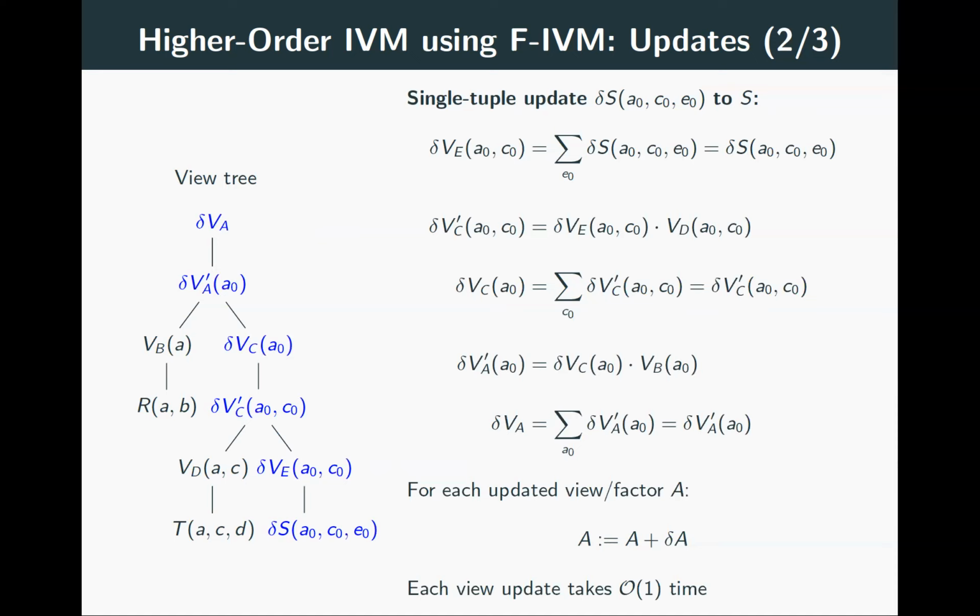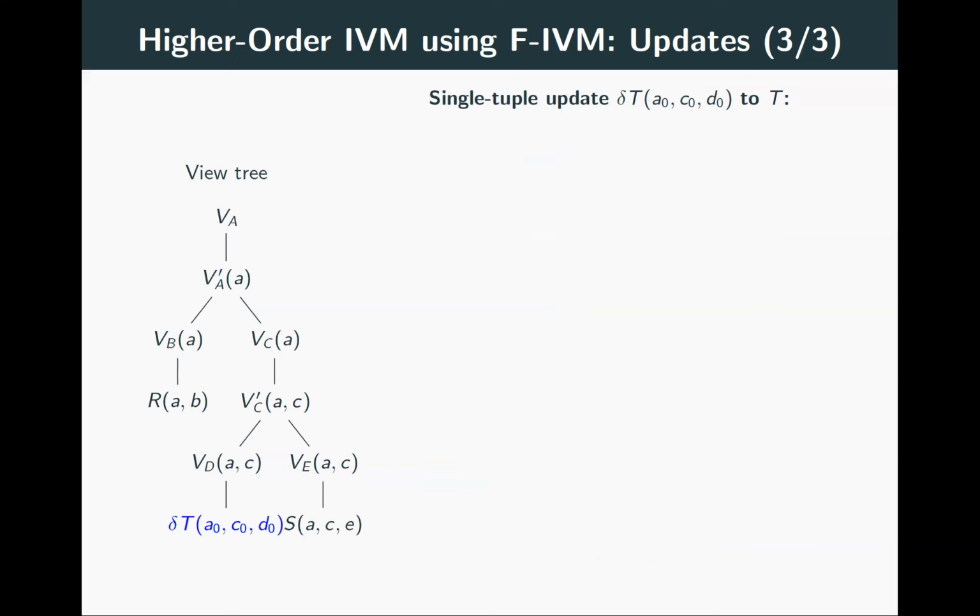Then I compute the delta here by just throwing away C0. Then I do a lookup here, and compute the delta here. And then I compute the delta at the top. Once I have all these deltas along that path, I apply them to the corresponding views, so that I update the views. So next time when I do an update, I take into consideration whatever the update produced here. Good. And then also to T.